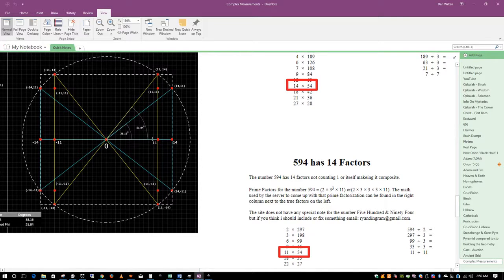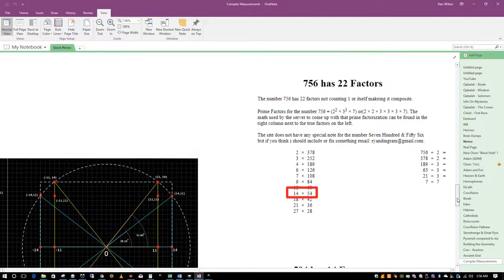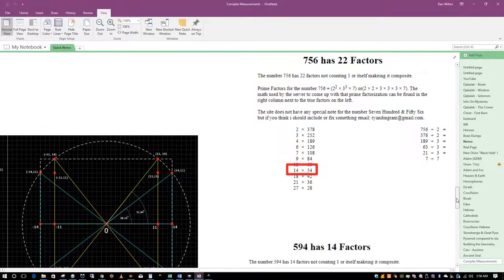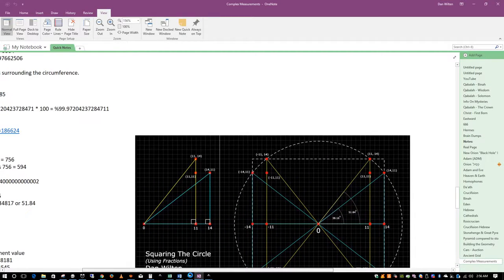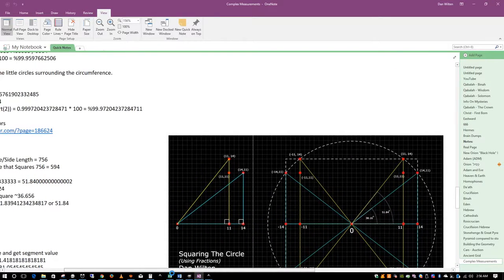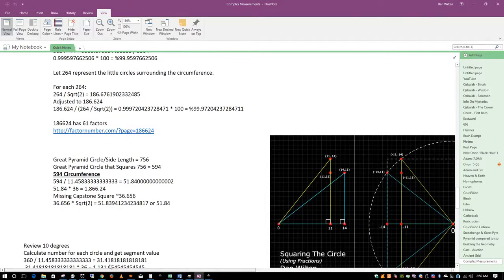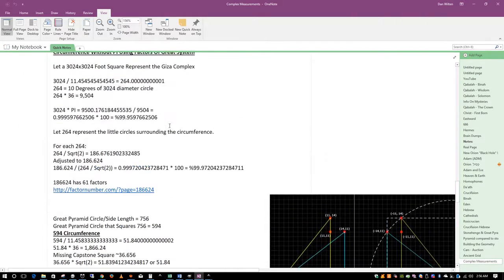It's easy, and it works in with the factors, and these factor numbers are important because this is what we're going to be looking at when we look at the precession numbers. And you're going to see where it makes much more sense to stay away from pi as we know it. There's other versions of it that are okay, but as we know it, it's not helpful in a lot of areas.